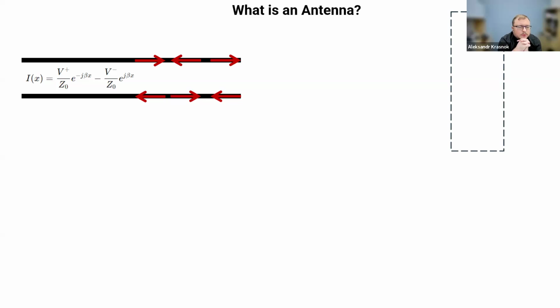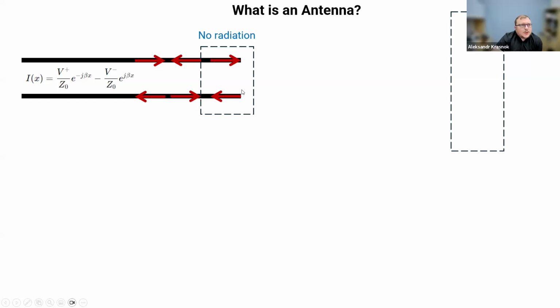Only such a mode can propagate along this system without radiation, because any current, if it oscillates, radiates, and in order to cancel this radiation, the second wire must be polarized in the opposite phase. So for this case, we have no radiation.